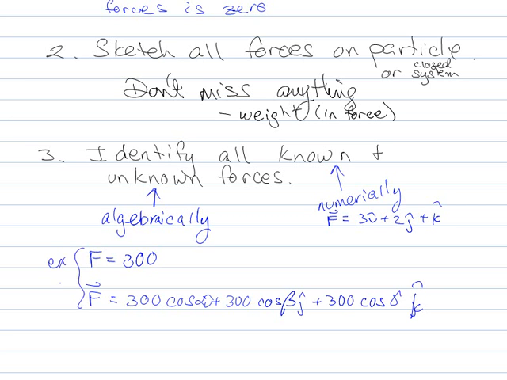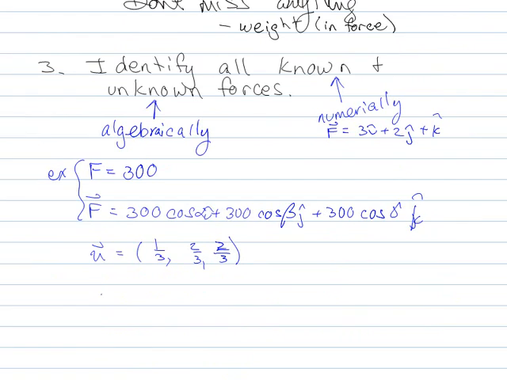This is an example. Or, if you know the unit vector, say 1/3, 2/3, and 2/3, but you don't know the actual force, then you could say the force is going to be the force times the unit vector, which is why we find the unit vector to begin with. But don't be afraid to introduce variables, because you can figure it out later.